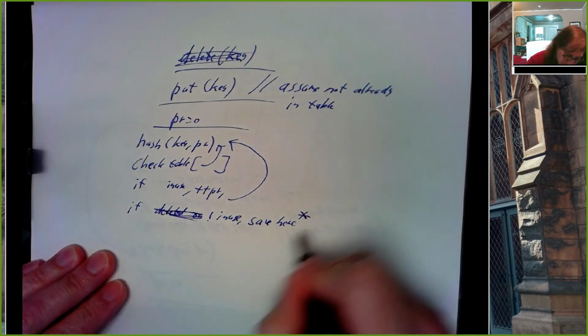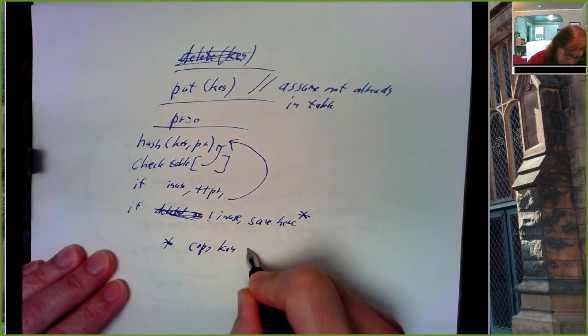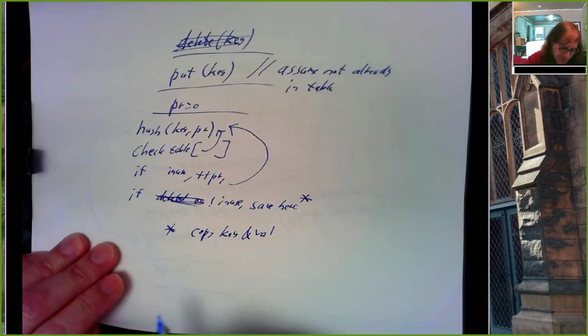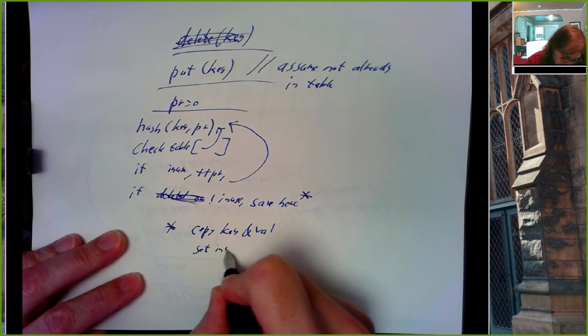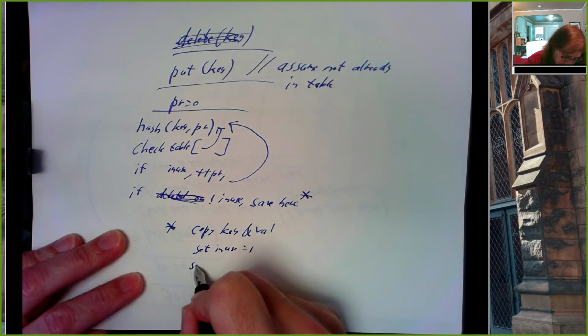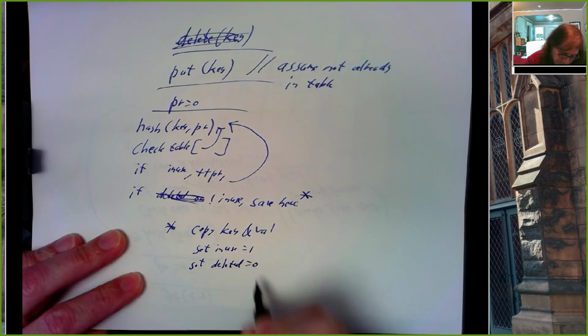But what do we do when we save it here? Copy key and value. Set in use equal to 1. Let's clear the deleted flag. Set the deleted flag to 0.